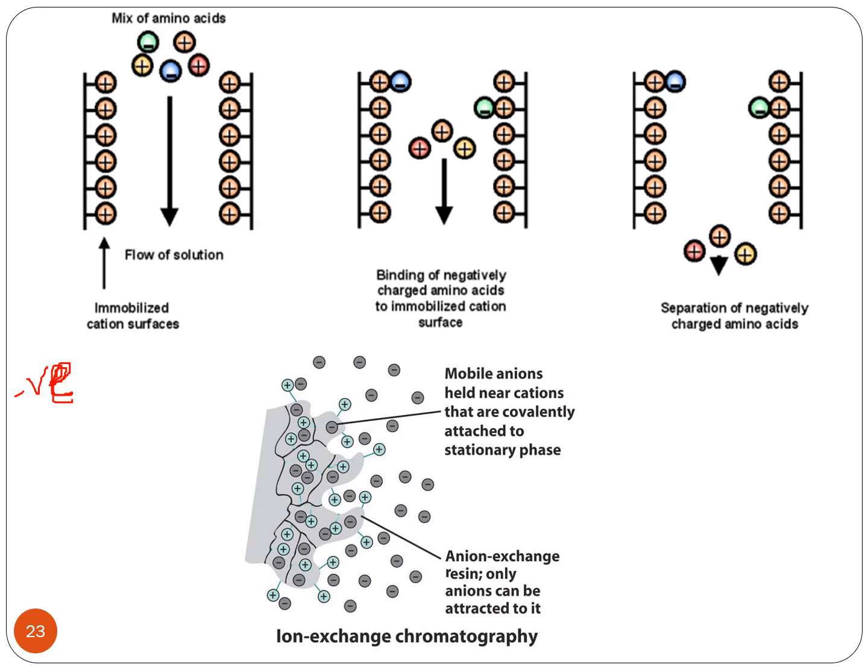Okay, so bila solution kita flow through our stationary phase, yang negatif ataupun anion akan melekat dekat kita punya stationary phase yang ada positive charge ni. So yang akan being eluted first adalah positive charge lah yang kita tak nak tahu.